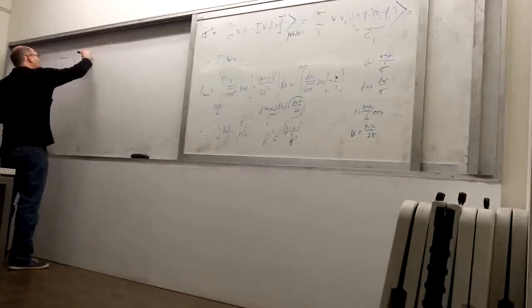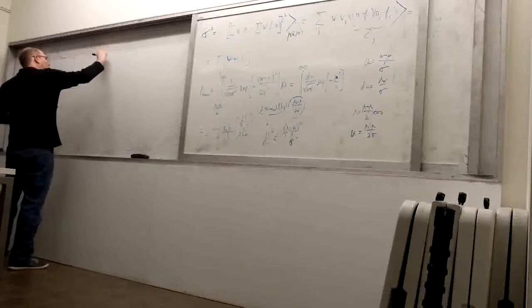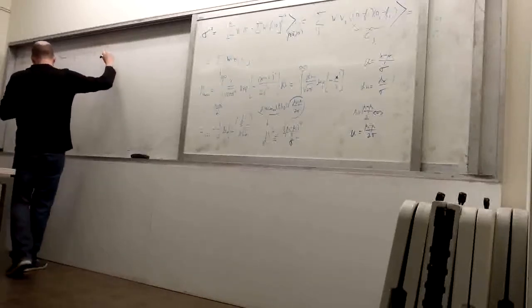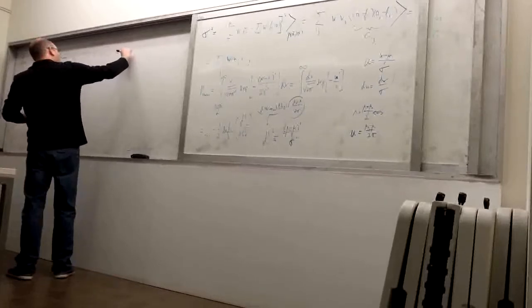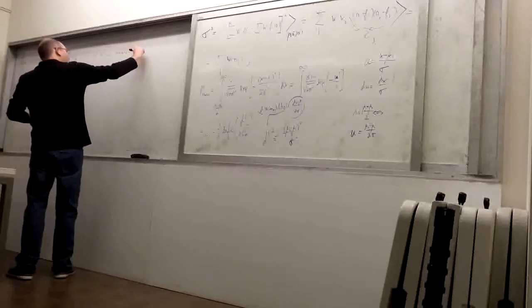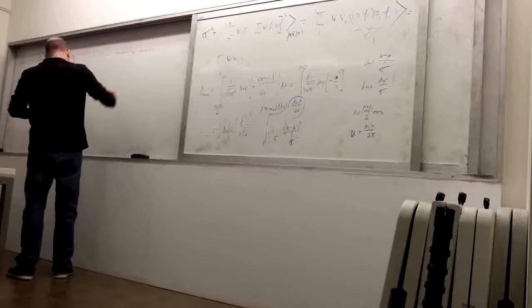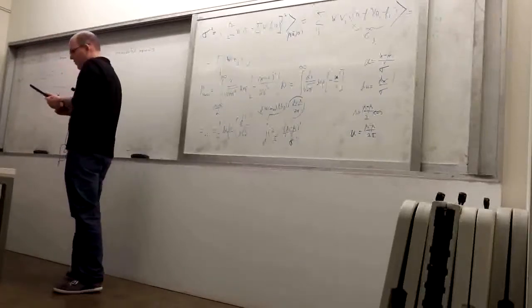The first example that I want to discuss is n identical neurons, which are also uncorrelated. And I want to see that what we get from this expression makes sense.